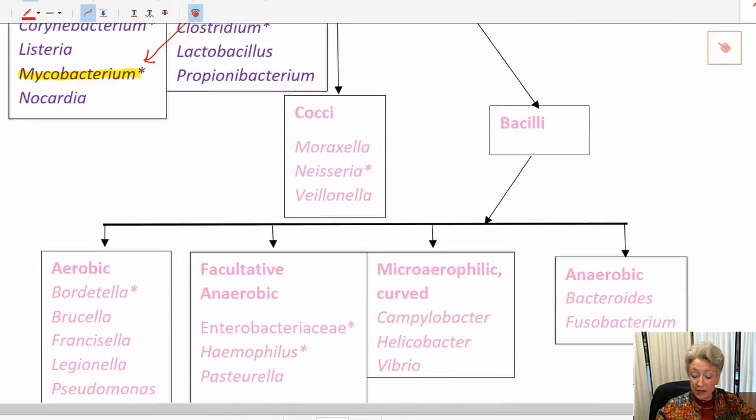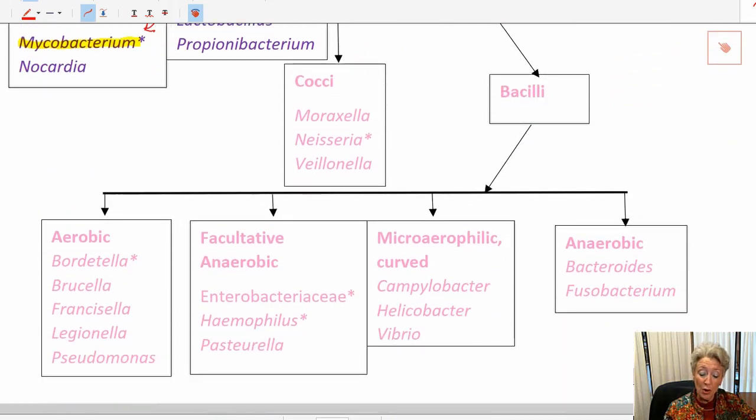Now, my gram-negatives: I have a small bunch of gram-negative cocci, and of these, I would say Neisseria is the only one that will receive more than one exam question.